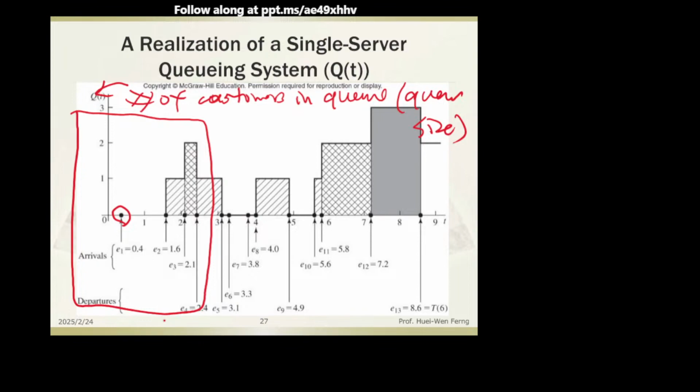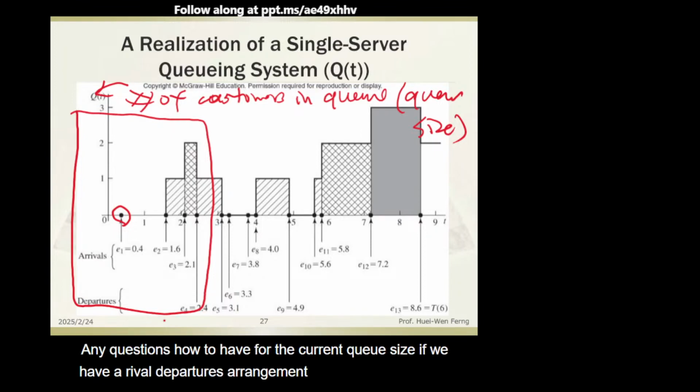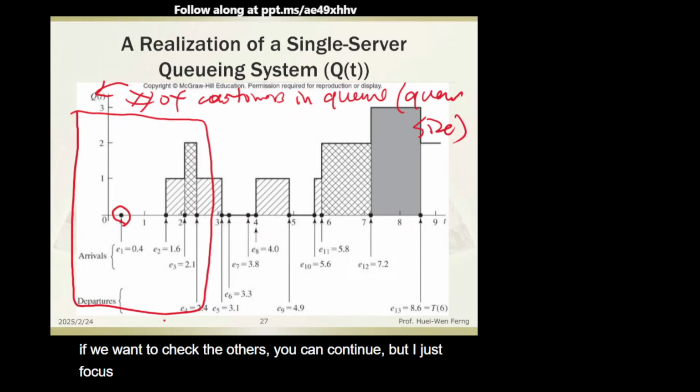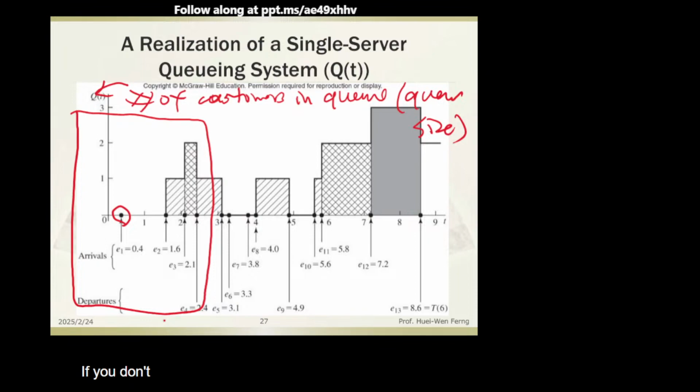How to get the current queue size if we have an arrival and departure arrangement like this? Of course, if we want to check the others, you can continue, but I just focus on the current rectangle. If you don't know some numbers here, raise your hands. Okay, no, so this is the queue size.